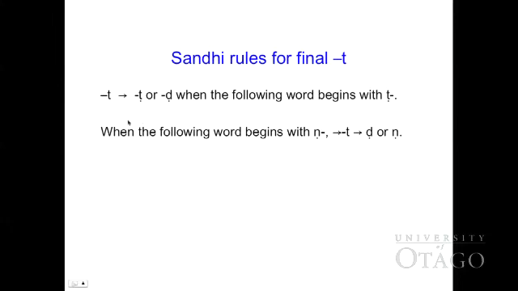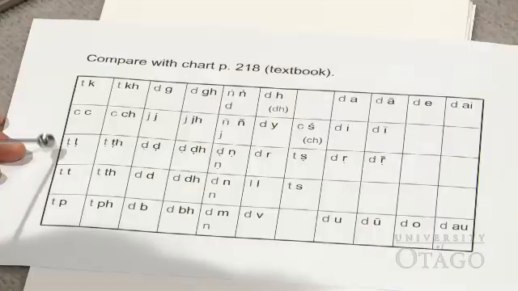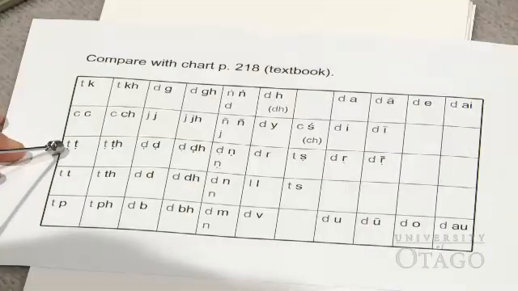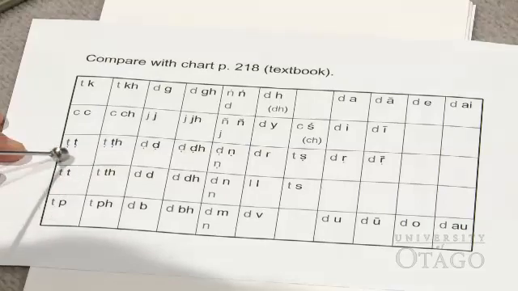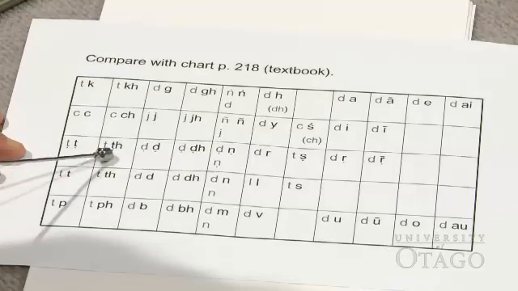Rule number 2. Change T to T dot or D dot when the following word begins with a consonant other than ta. You can see from this chart. Change T to T dot if the following begins with T dot, TH dot.